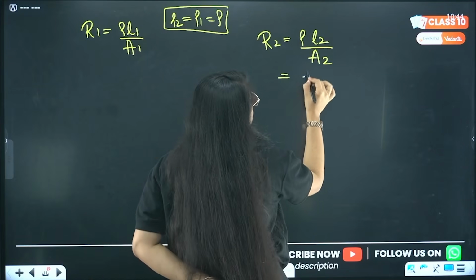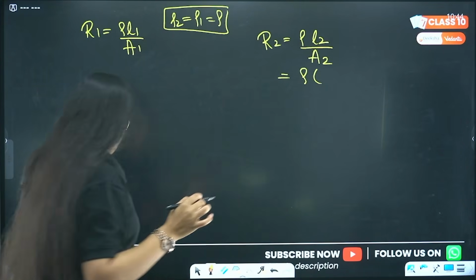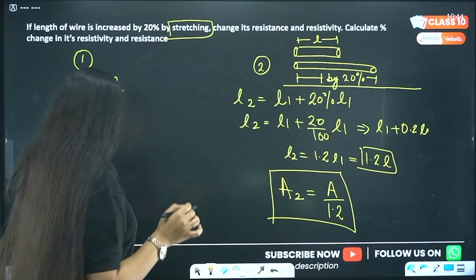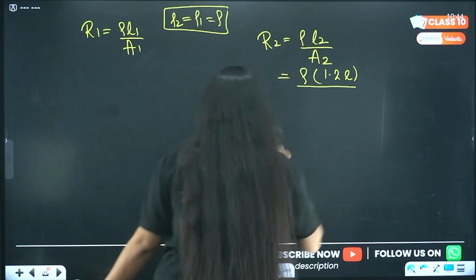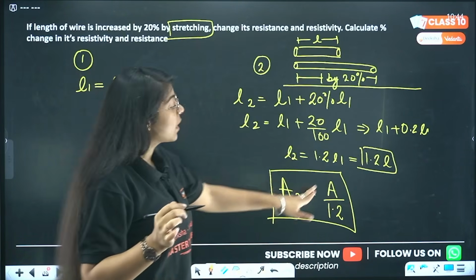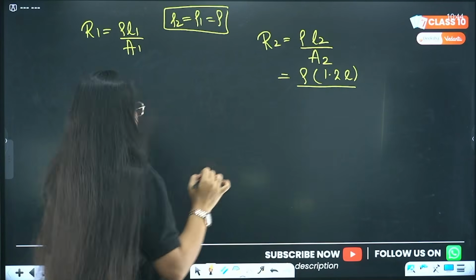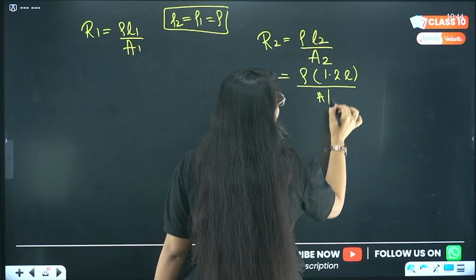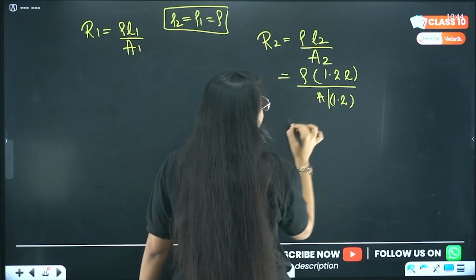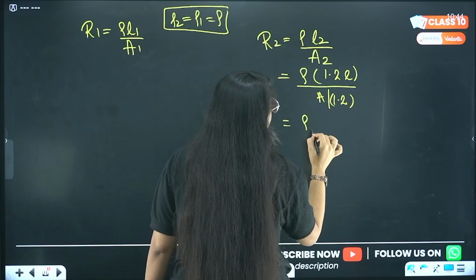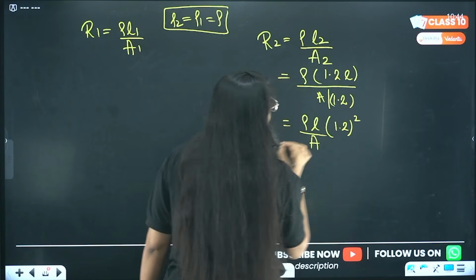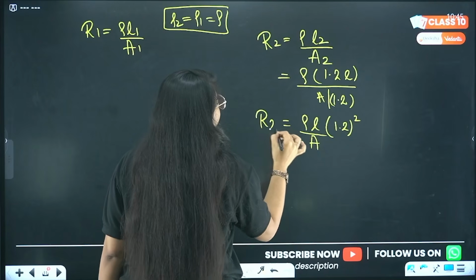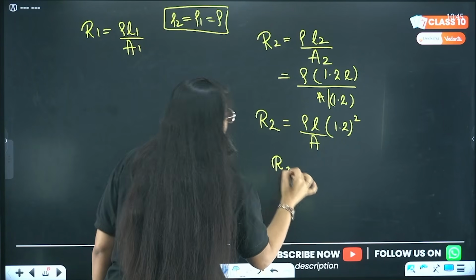So next, this is rho L2. How much L2 did we get? That is 1.2L, correct? And A2 is A divided by 1.2, correct? So you can just solve this: rho L by A, and this will be 1.2 whole square. So what is the whole square of 1.2, or let's say 12?